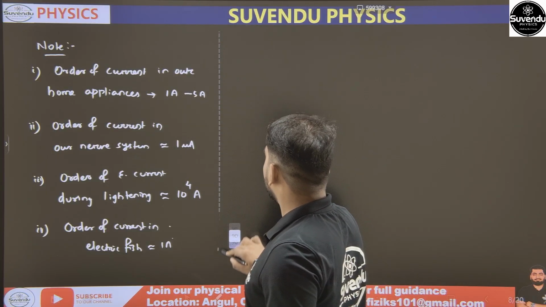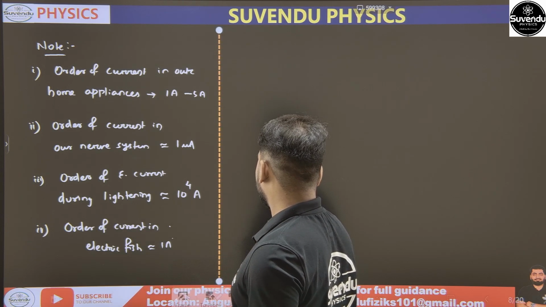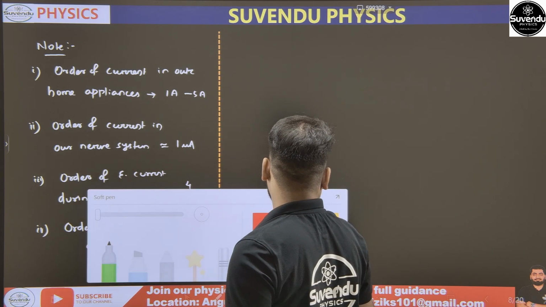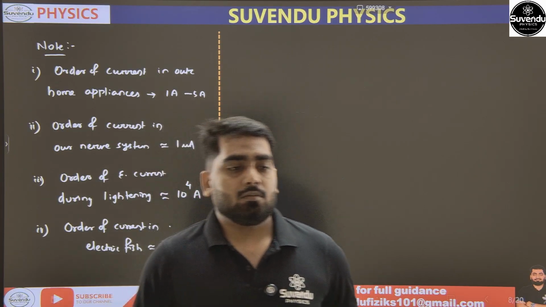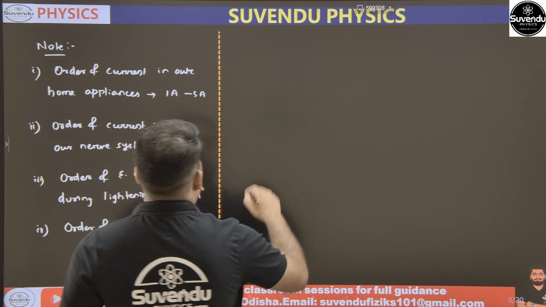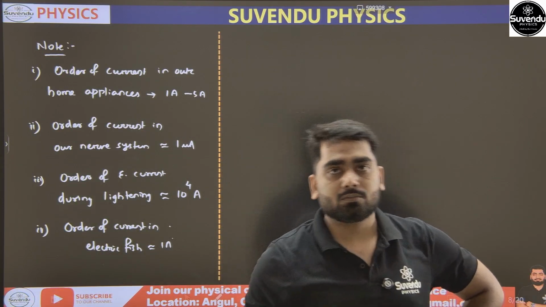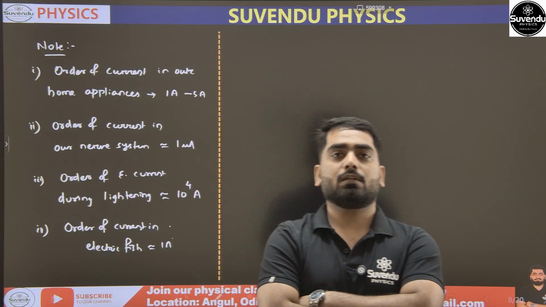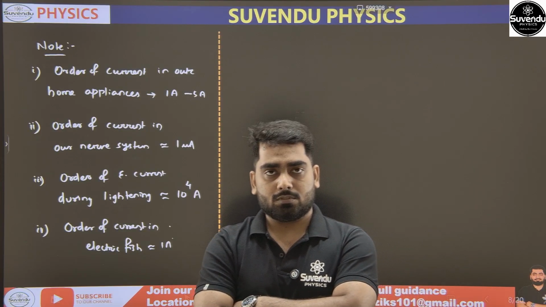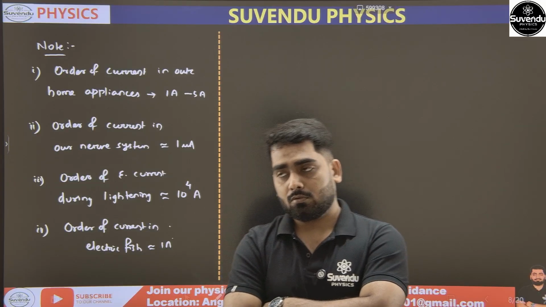Next, what we will discuss: in some materials, the amount of current is due to which factor? Suppose in case of a conductor, electric current is established because of the flow of electric charges, that is your electron. Clear?